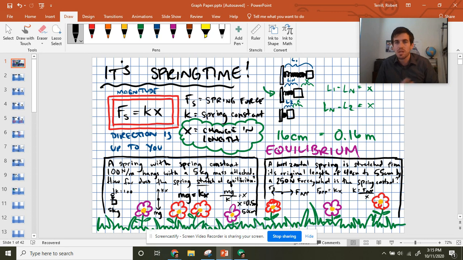And since the force applied is 250 and the change in length is 0.15, I think that k ends up being equal to roughly 1,666 newtons per meter or something to that effect. I do have 3 6s in a row, so I do have to appropriately notate that.